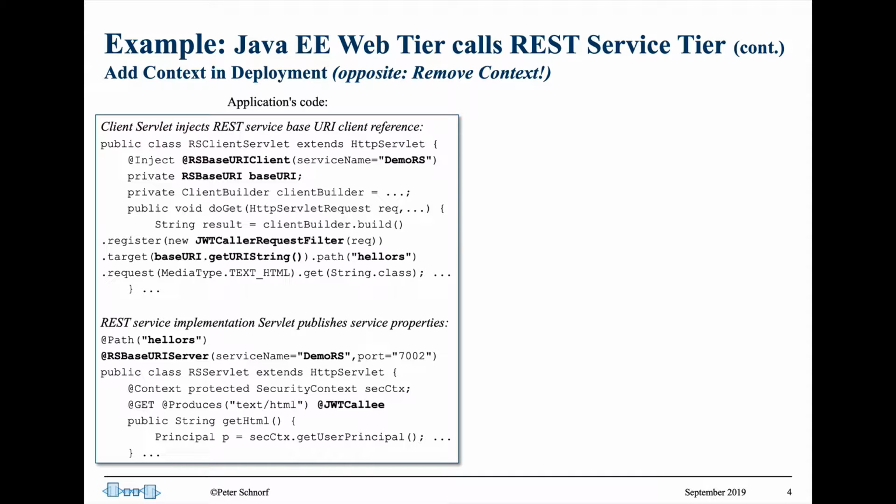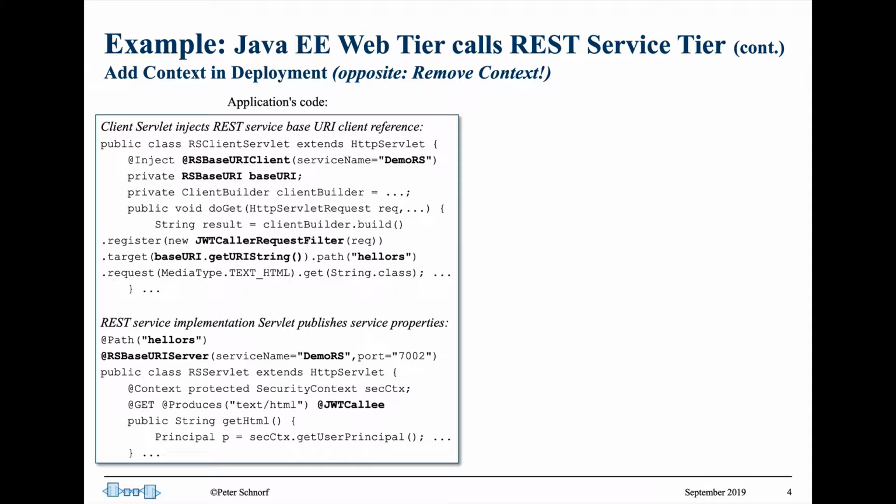To add deployment context for this example, we look again at the application's code first. There's a client servlet, a simple one that does nothing else than call a REST service.